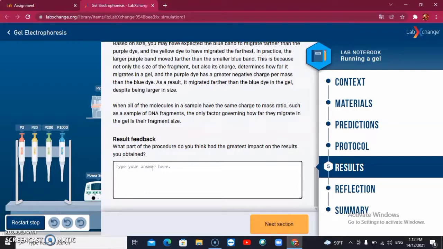The feedback question: what part of the procedure do I think had the greatest impact on the result I obtained?